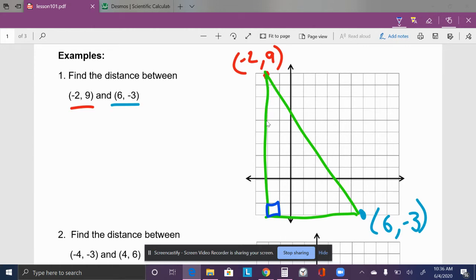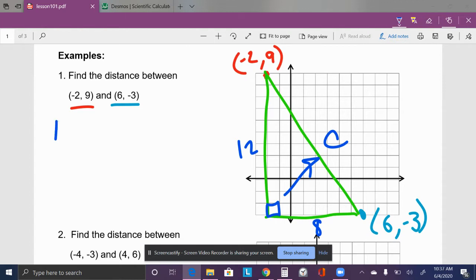And I can figure out what the legs are. The legs are, this is 9 plus 3, which is 12. And this is 2 plus 6, which is 8, right? So there's 8 boxes here, 12 boxes here. We have the legs of my right triangle. All we need to do is find the hypotenuse. So I'm trying to find my c squared.